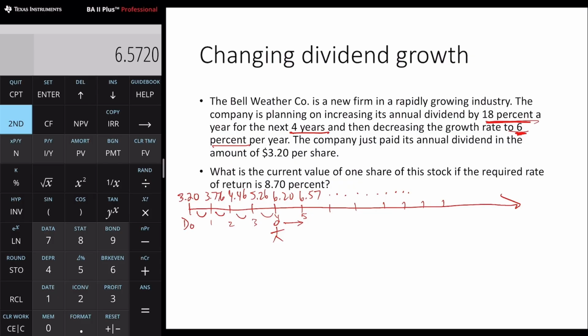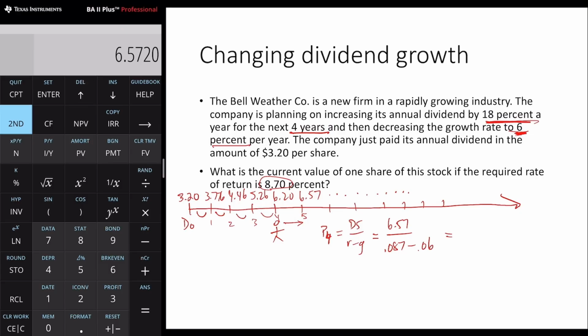In other words, you can say, well, the price at time 4 is equal to D5 over R minus G. D5 we calculated to be 6.57, and R is 8.7%, and the dividend growth rate is 6%.